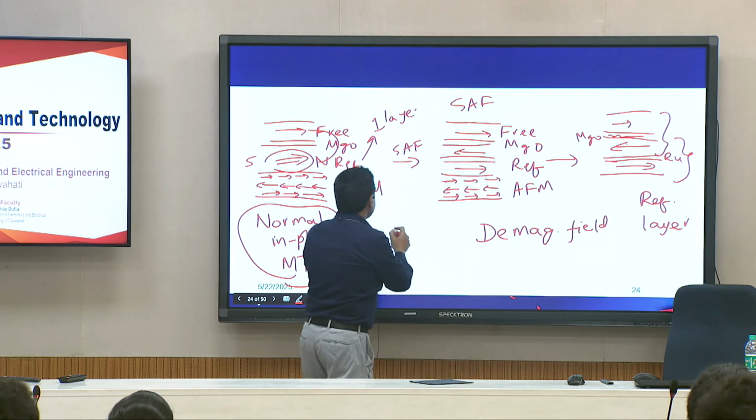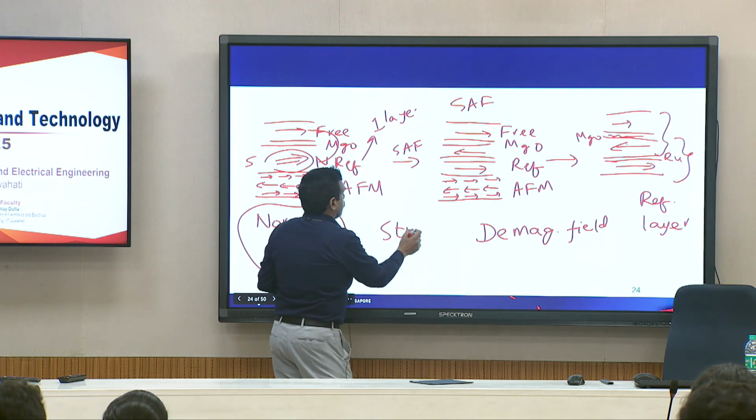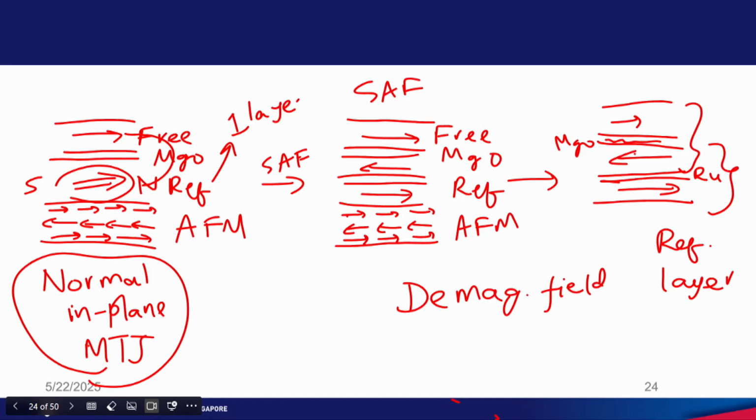When I introduce shape anisotropy, I mentioned that the demagnetizing field is responsible for this shape anisotropy, and this is basically a tensor.